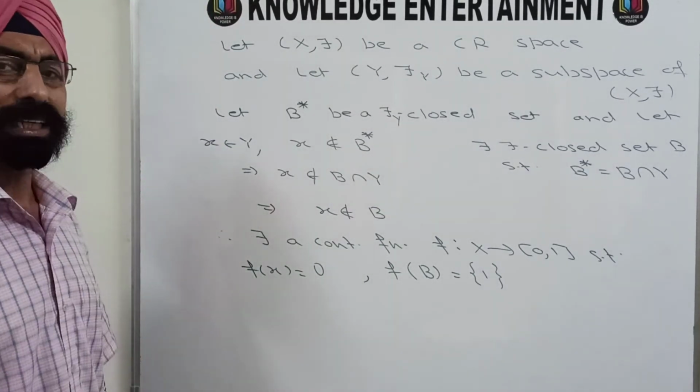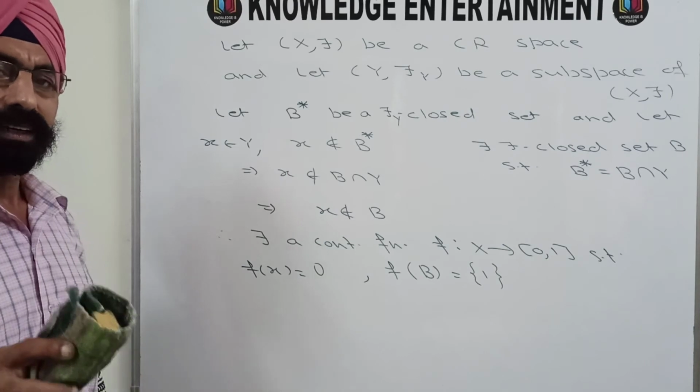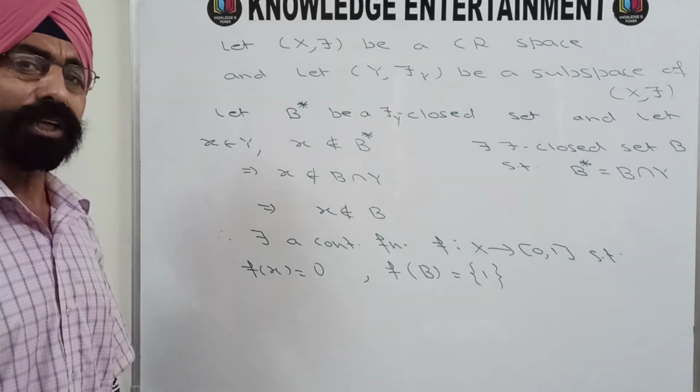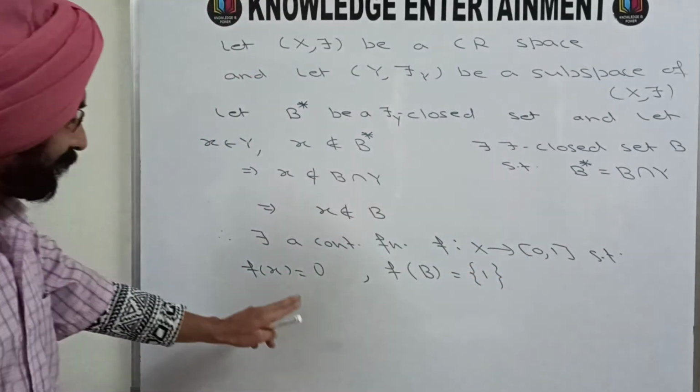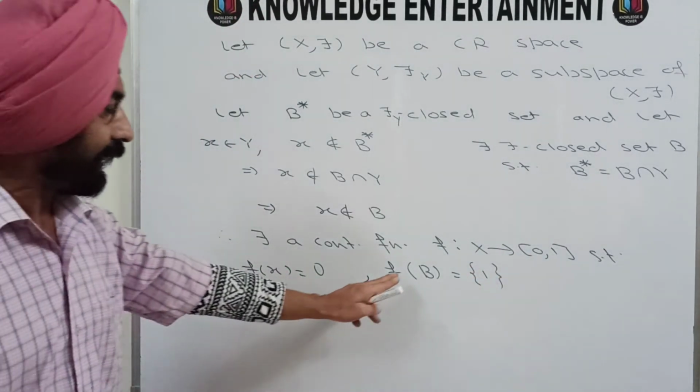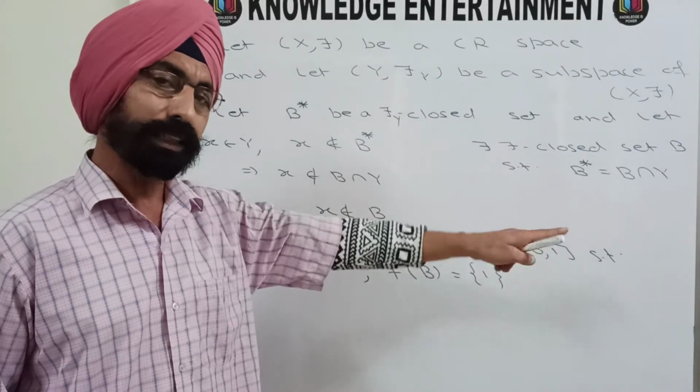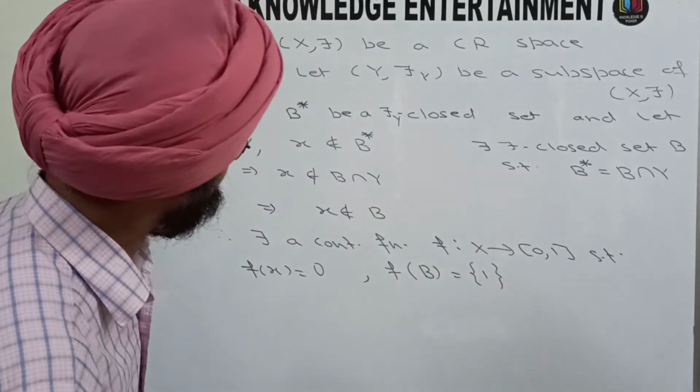But where are we to reach? We are to reach a continuous function G from Y to [0, 1] such that G of x is 0 and G of B star is 1. That is the point where we are to reach.